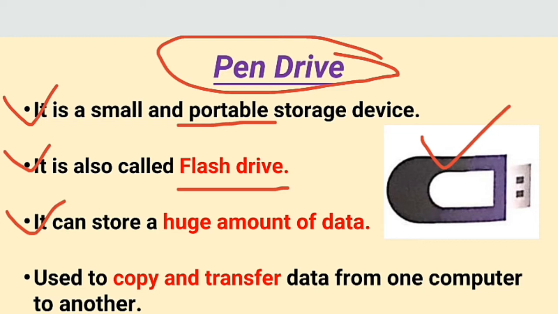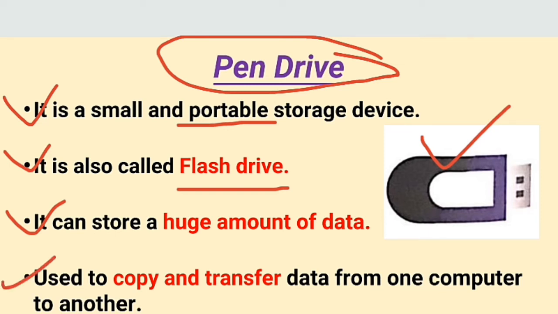It depends upon the capacity of the pen drive. They come in different capacities. Sometimes it is 2 GB, sometimes 8 GB. Now 256 GB pen drives are also available. So they can store a huge amount of data.